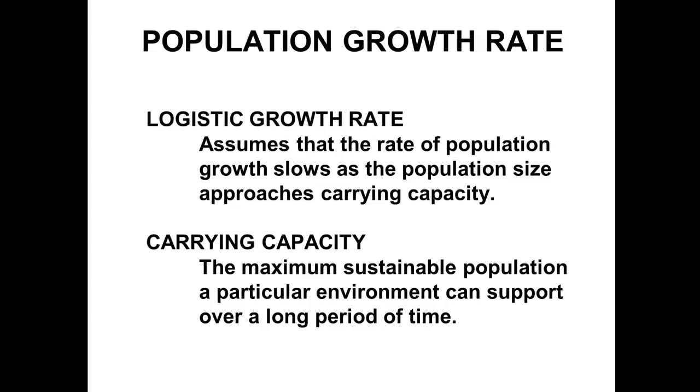There's going to be limitations on one or more factors that are required for the individuals to be able to exist, and that's going to cap the maximum number of individuals that can live in that area over an extended period of time. And that number is called the carrying capacity. All right, so that's how many individuals of a given species can live in a particular community over an extended period of time, or shall we say indefinitely.